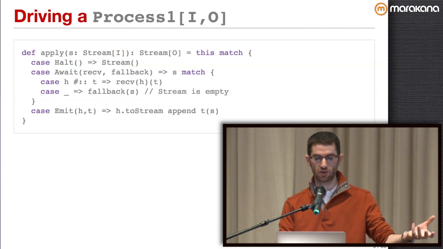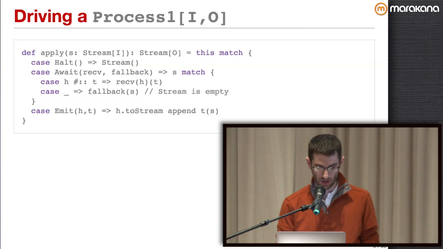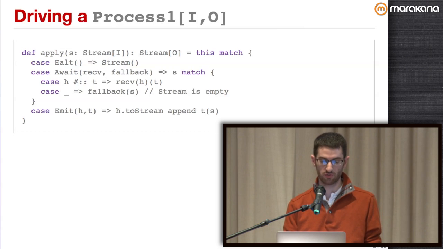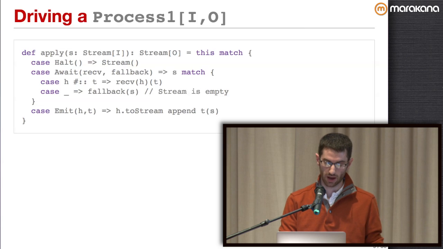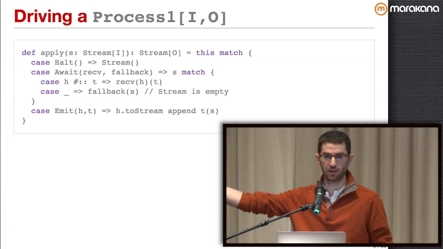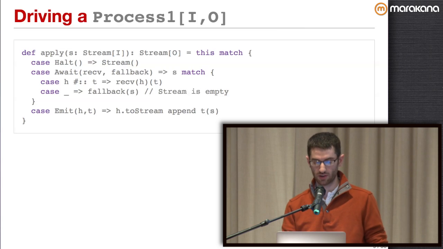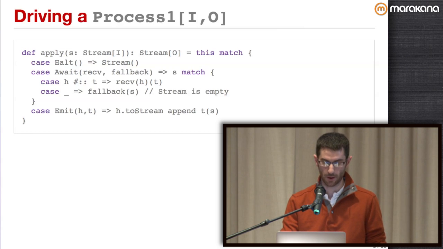If the state machine says halt, we return the empty stream. If the state machine says read from the input, then we attempt to do so. If that fails, we transition to the fallback state. And if the state machine says emit values to the output stream, then we do so and then transition to the next state. Okay?